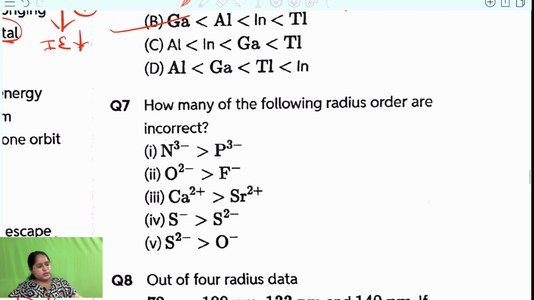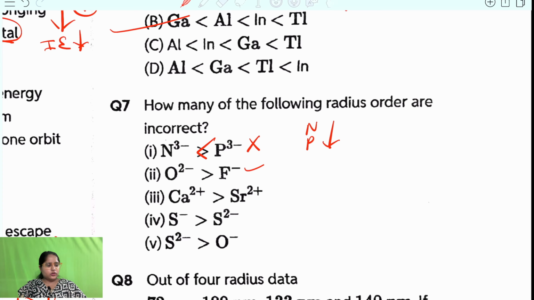Next, question number 7. How many of the following radius orders are incorrect? Okay, let us see. Nitrogen and then phosphorus, down the group size increases. So, phosphorus should be more. This is wrong. O minus 2 and fluorine minus, same period, so O minus 2 will be more, correct only.